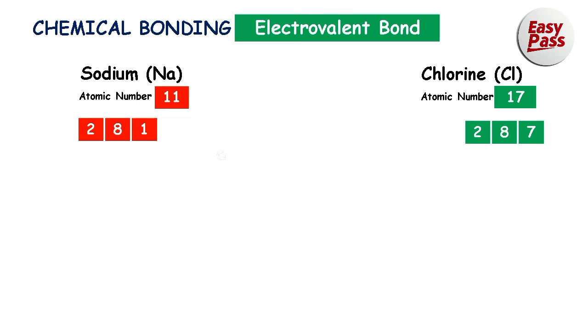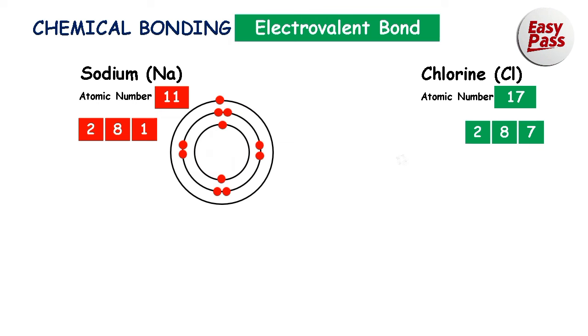Sodium that donates an electron to chlorine is called the electron donor, while chlorine that accepts the electron from sodium is called the electron acceptor. The electronic shell is drawn. This is for sodium: first shell takes 2, second shell takes 8, the last shell will take 1, according to the noble arrangement of electrons in a shell. This is for chlorine.